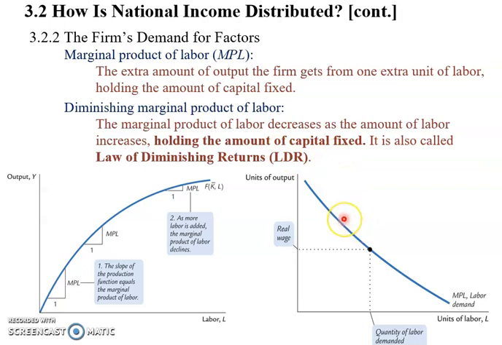In front of each piece of machinery, equipment, and tools, we have too many workers, but too little machinery and equipment. So the lastly added units of labor become less and less productive. That's why it's downward sloping.